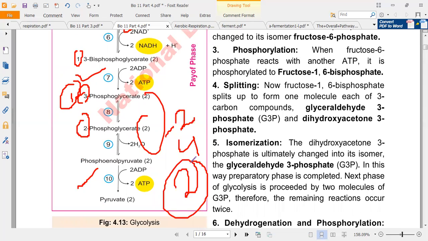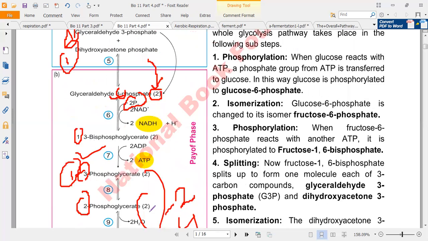In the previous lactic acid and alcoholic fermentation, we have seen that we got 2 ATPs at the end of the reaction. So the energy currency from pyruvate is very, very less as compared to aerobic respiration. If we compare it with anaerobic respiration, in anaerobic we get 2 ATPs, and in aerobic reaction we get 34 to 36 ATPs.